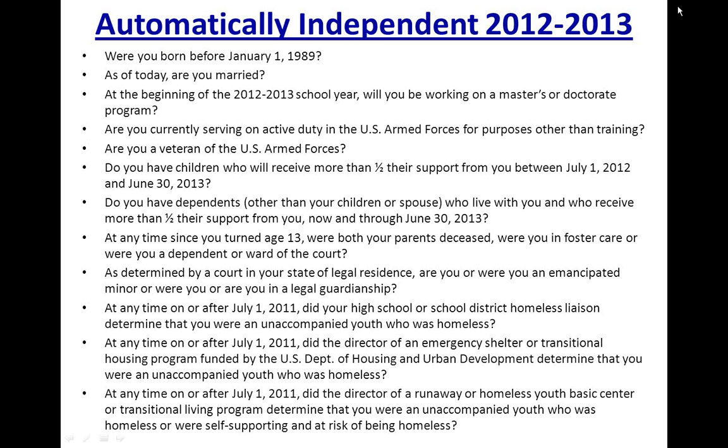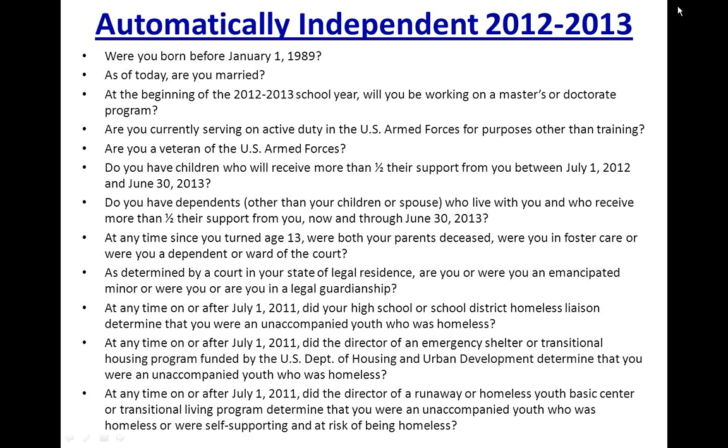Students are considered automatically independent, meaning they do not have to include parent information on the FAFSA, if they can answer yes to one or more of the questions below, and this pertains to the current year, 2012-2013. Were you born before January 1st, 1989? As of today, are you, the student, married?